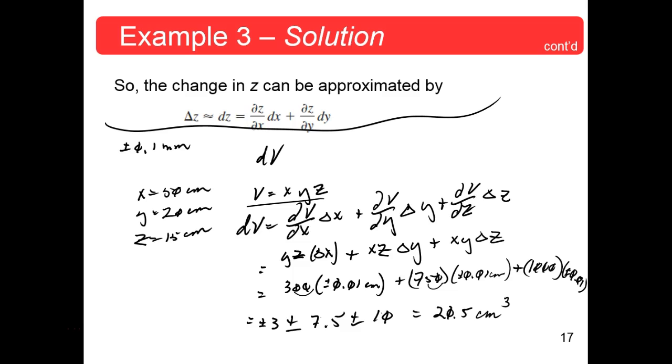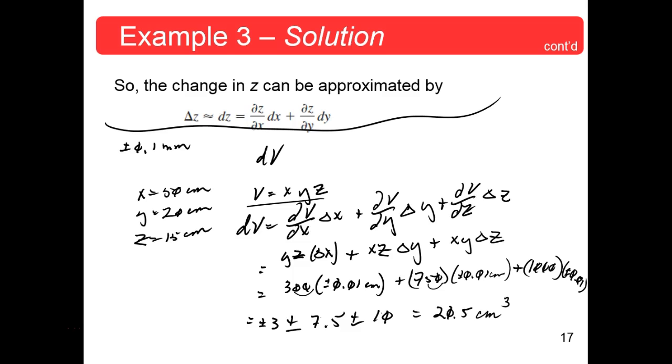Okay? Now, that's out of, if you multiply those three together, that gives you 15,000. So plus or minus 20.5 out of 15,000 is not bad. Okay? 20.5 cubic centimeters. Use the dV to estimate the propagated error and the relative error in the calculated volume of the box.